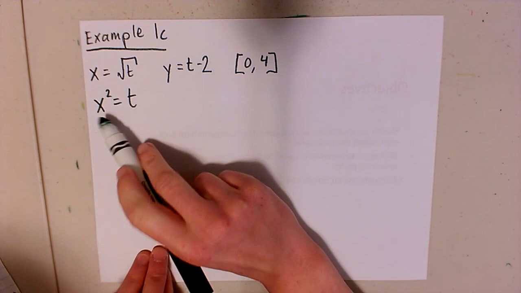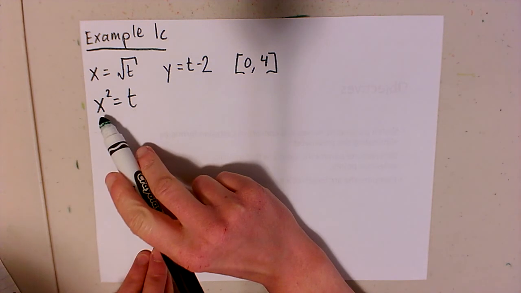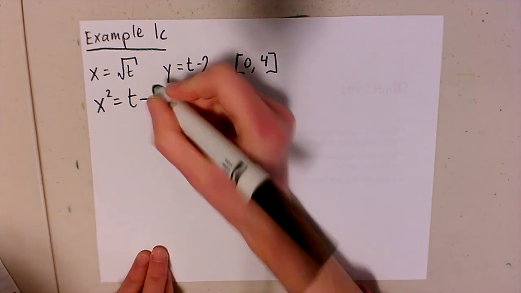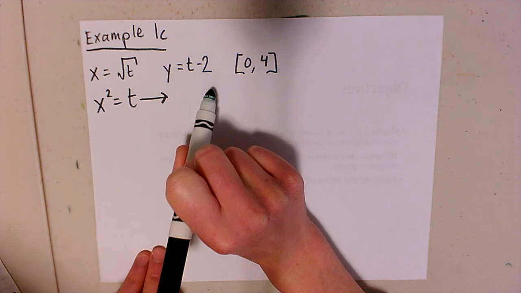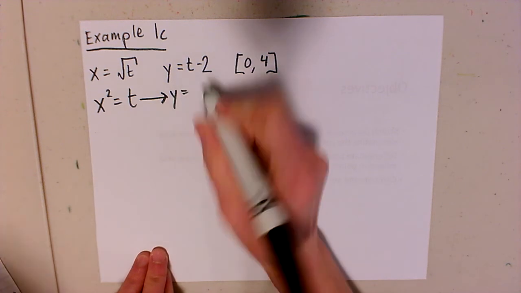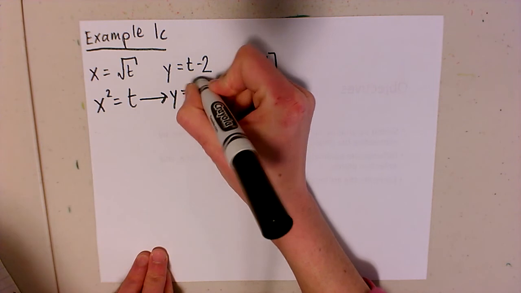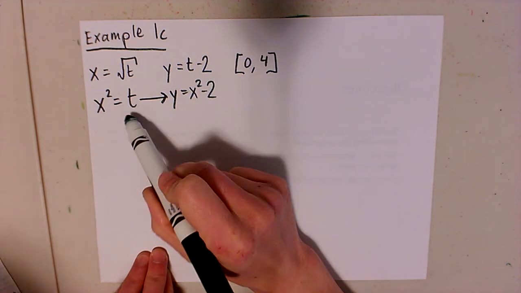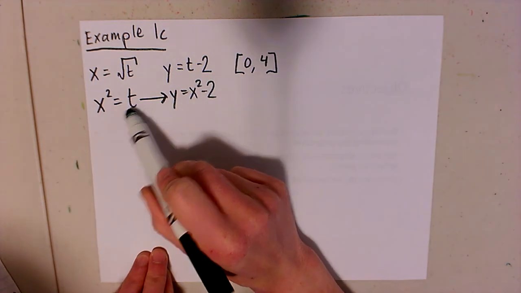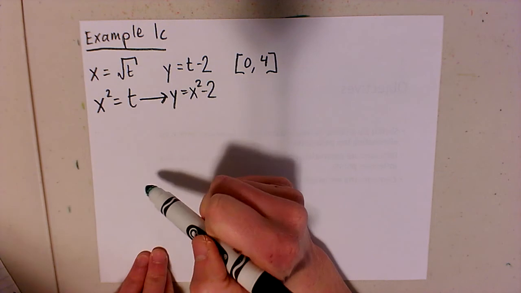So now we have something that we could plug in for t. So then we could go to this function right here of y, and we could say, well, t is the same thing as x squared. So then we could say that y is x squared minus 2. So all I've done is take this t and take this x squared and plug it in for the t.